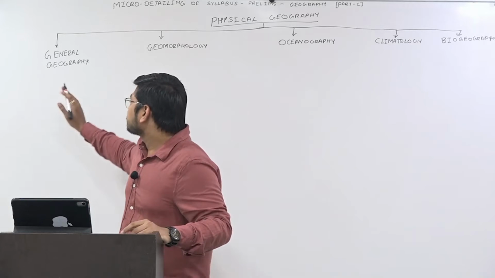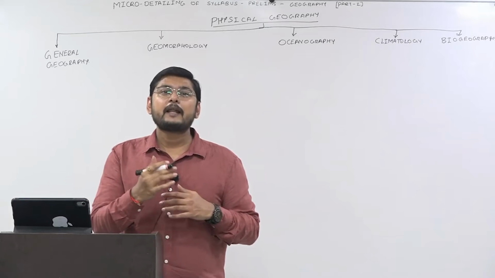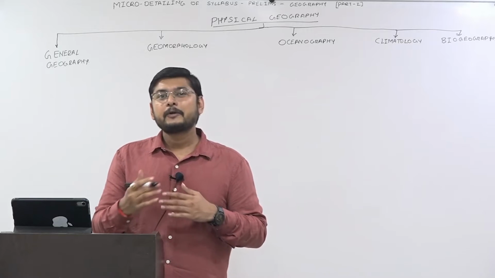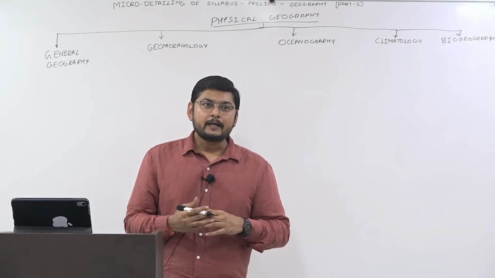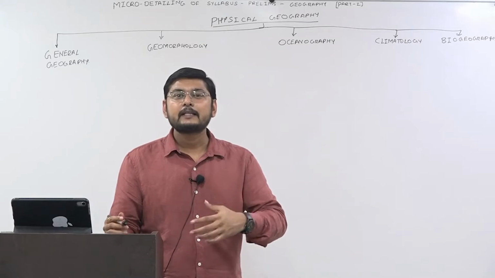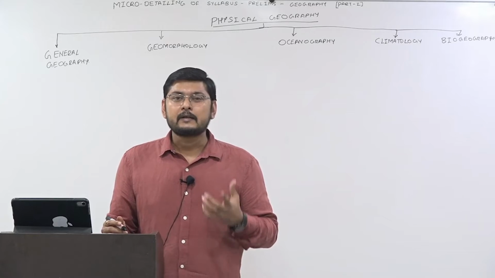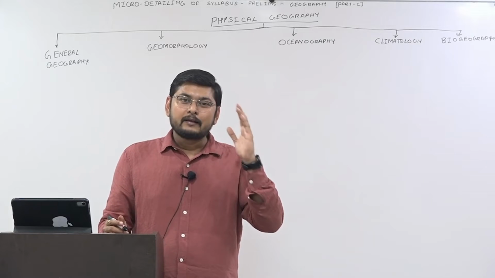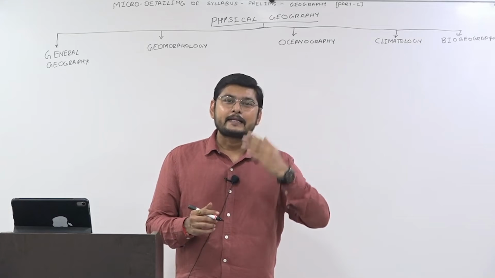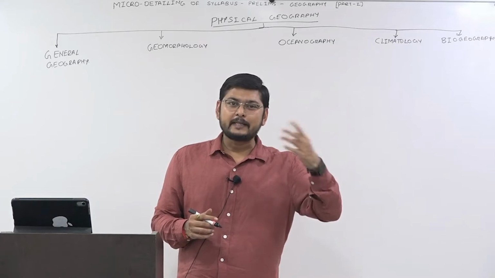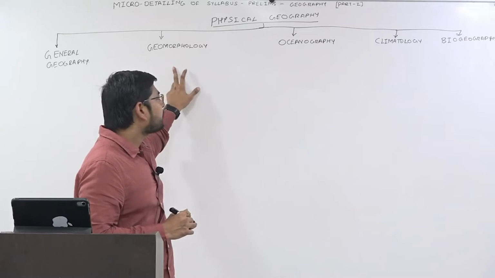In geomorphology, we will look at the different kinds of landforms formed through different processes. We will look at the different types of rocks, why these rocks are different, and what their characteristics are. Apart from that, the different landforms that result from different weathering and erosion phenomena will be studied in geomorphology.